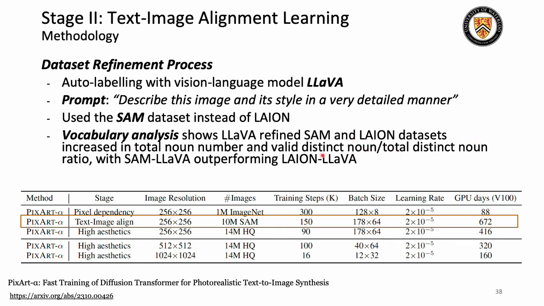So valid distinct nouns means nouns that occur more frequently. And SAM LAVA is able to outperform LAION LAVA, so that's why it is used. In this stage, 10 million SAM captions are refined.